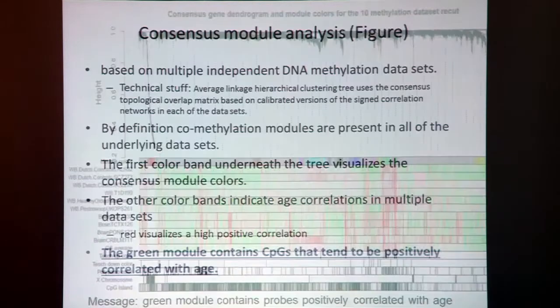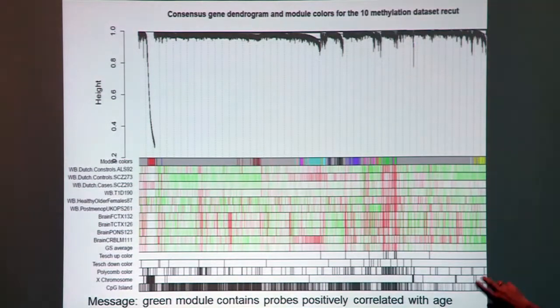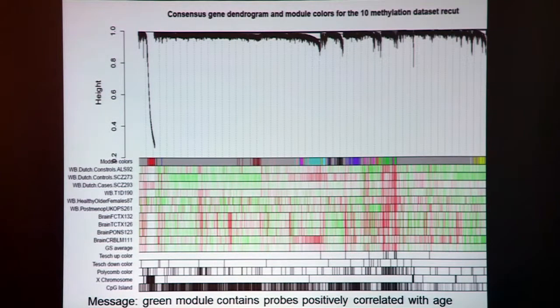Yes, other questions? Can you say something about that dominating branch, this one? When you see something like that, what does it tell you? Well, notice there's one extremely well-defined module. And there's a color band that encodes X chromosomal genes.